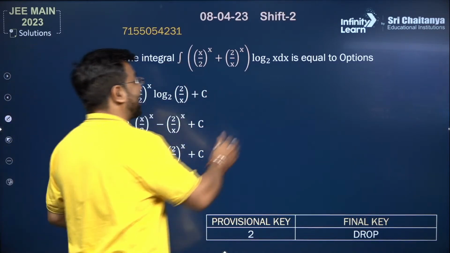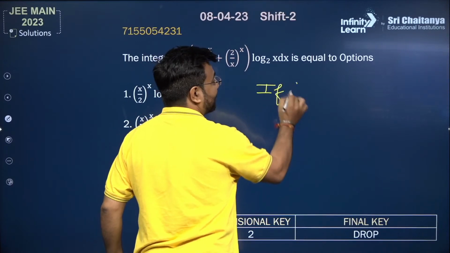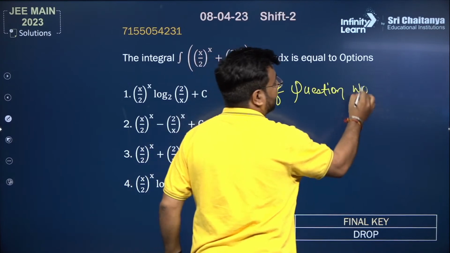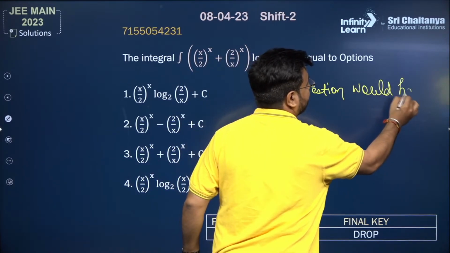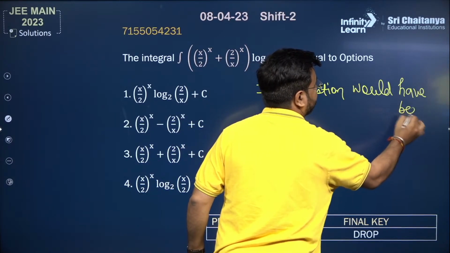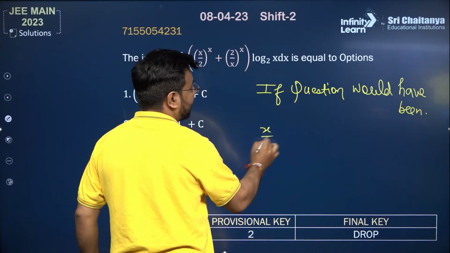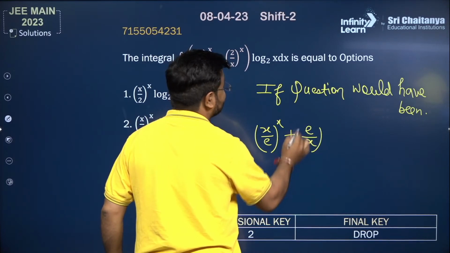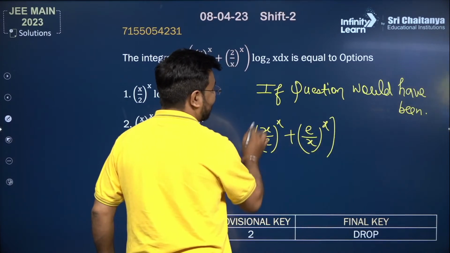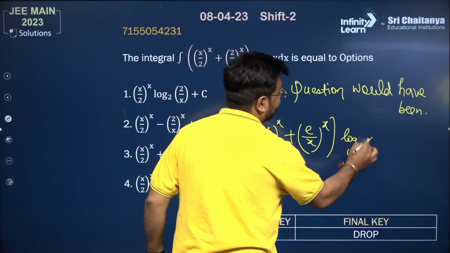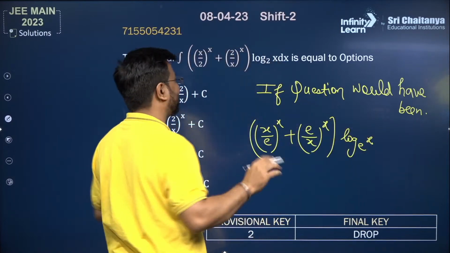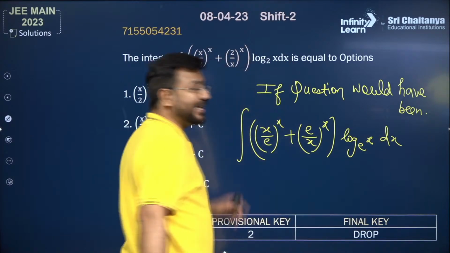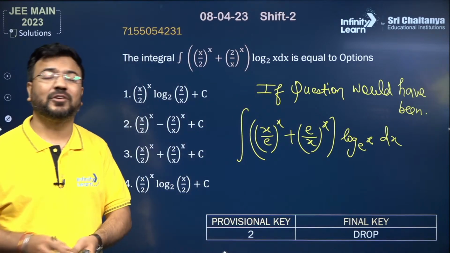If the question had been x upon e raised to the power x, e upon x raised to the power x, and here it is log x to the base e or log x to the base 2, whatever, and this needs to be integrated, then it would become easier and feasible for us to do this question.